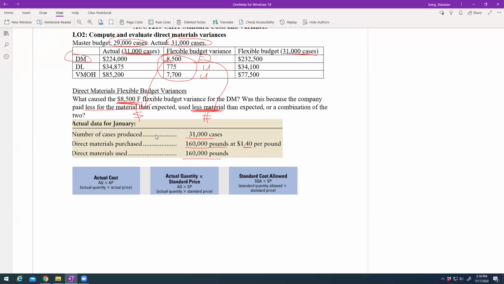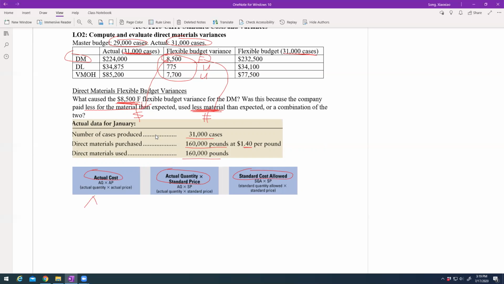Now we have the actual cost, and we have the standard cost allocated to each unit. Then we have something in the middle. There is no name for it, so I'll just call it the middle item. The actual cost is the actual quantity times the actual price.